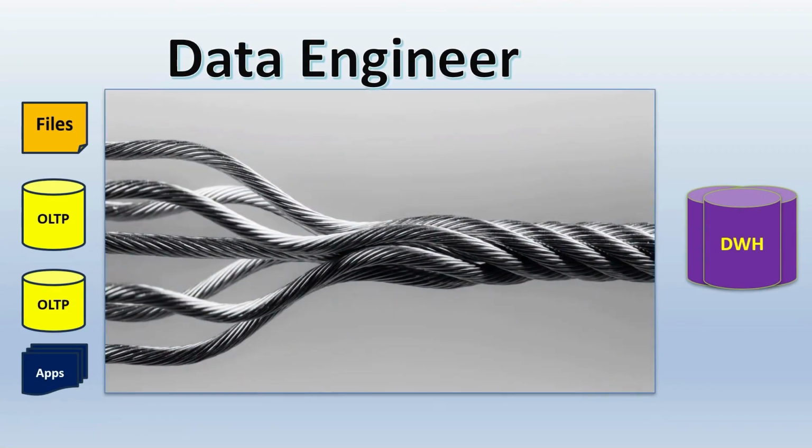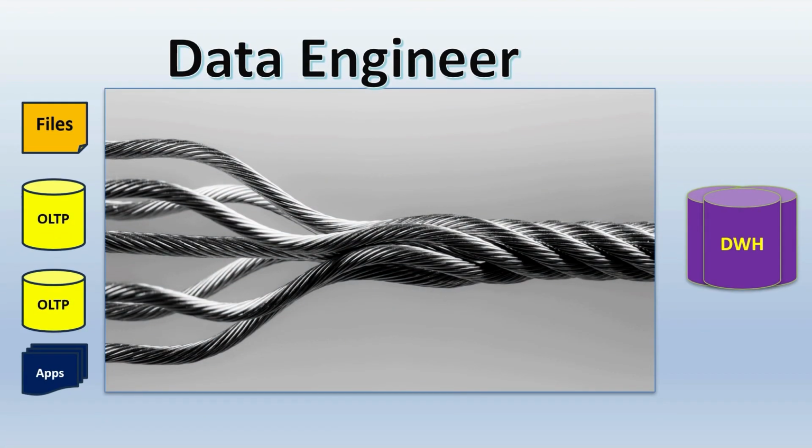As a data engineer, we need to extract the data from the source. Our source might be files, OLTP databases, websites. We might require data from applications. So we need to extract data from the source and then perform transformations on the data.